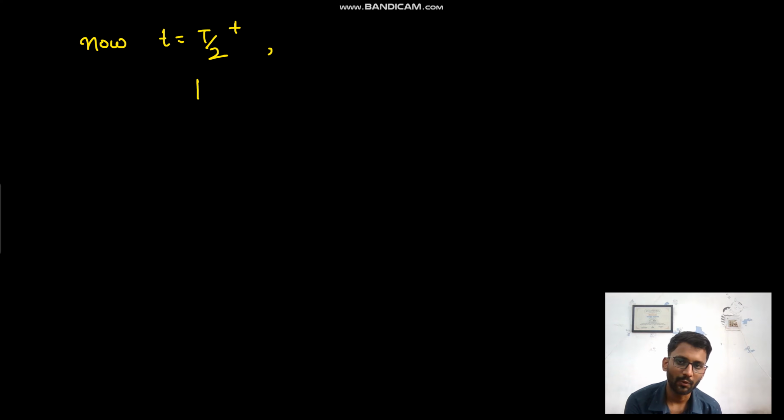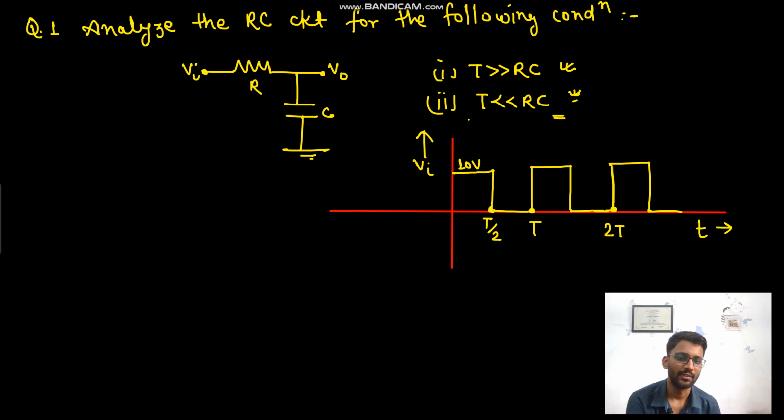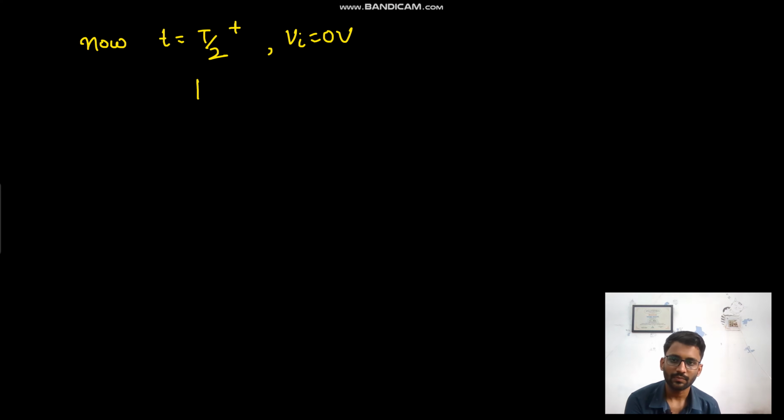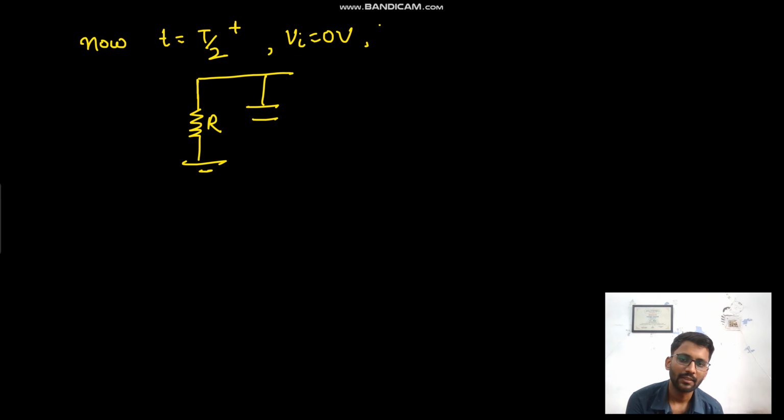Now at t equals T by 2 plus, what is the circuit? At t equals T by 2 plus, Vin is 0. So this R will be connected to ground, and this V output equals VC equals 10 volt.